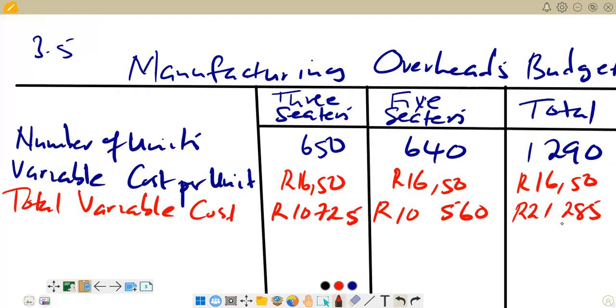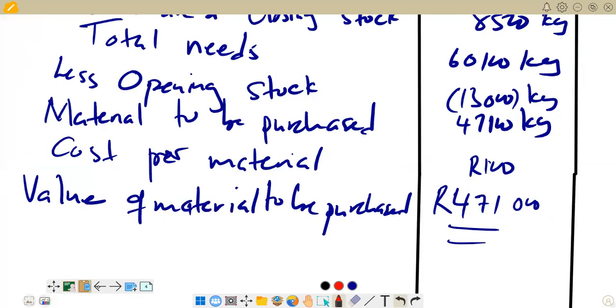Right. Then we now add it plus fixed costs. Remember the figure for fixed costs, we can go back to just confirm that figure, but it should be 350,000. Then go there for fixed costs, we are given it there.